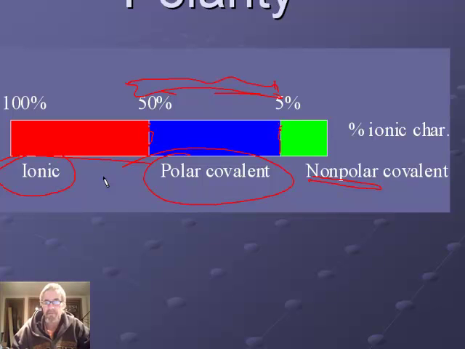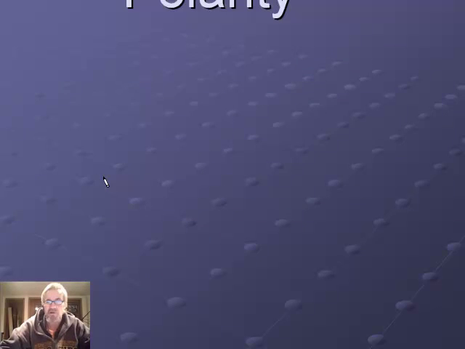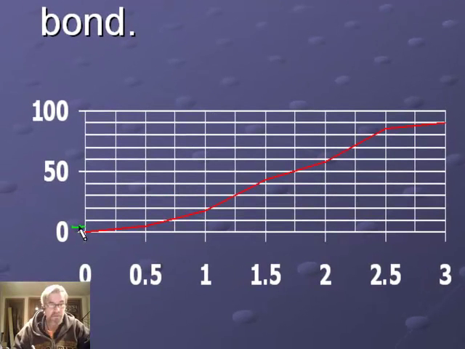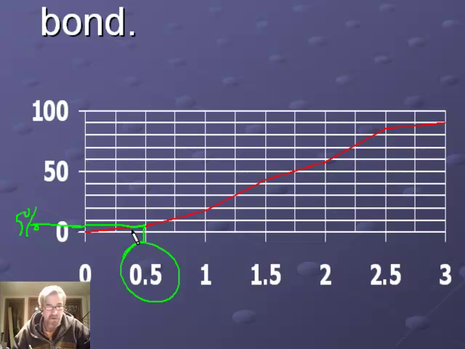Let's go back to the last chart and figure out what that means in terms of electronegativity difference. This is approximately 5% ionic character, and that's the lower end of the range that we call a polar covalent bond. If you trace over until you hit the line and go down, you'll find out that it's approximately 0.5 electronegativity difference. That's the low end of our range of values that we would call polar covalent bonds. 50% ionic character and higher we consider to be an ionic bond.